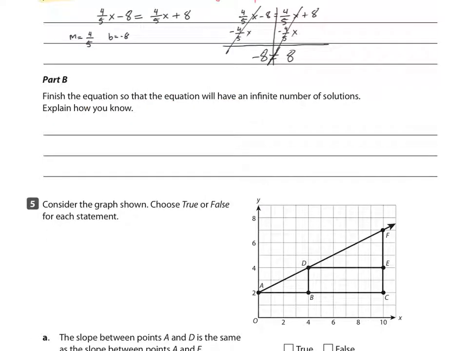For part B, it says, finish the equation so the equation will have an infinite number of solutions. So that means that you need, I'm going to write the note in red, same slope and same y-intercept.